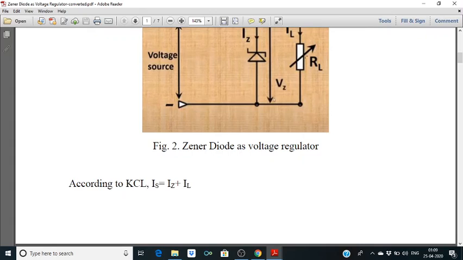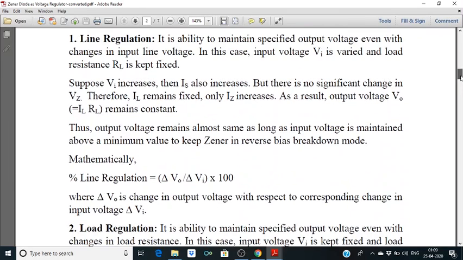We are changing Vi, keeping RL and other things constant, but even though we are changing Vi, we should get a constant Vout across RL. So in this case, input voltage Vi is varied and load resistance RL is kept fixed. Now how is this achieved?